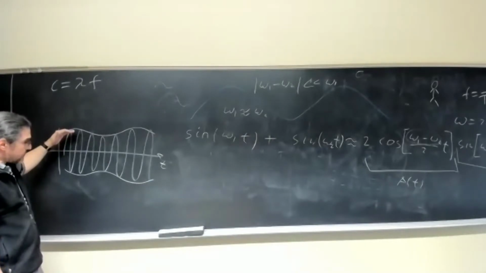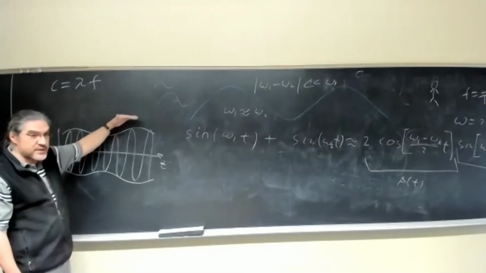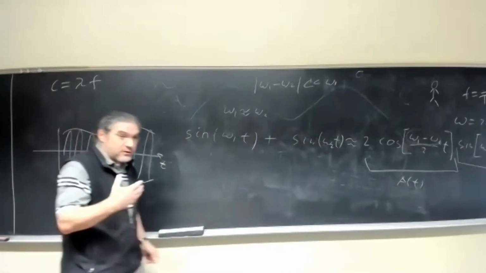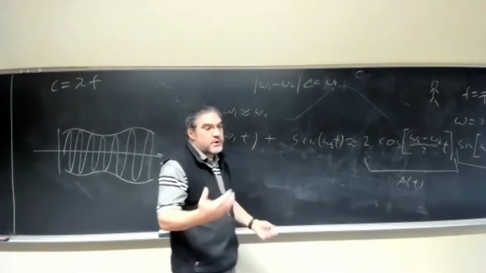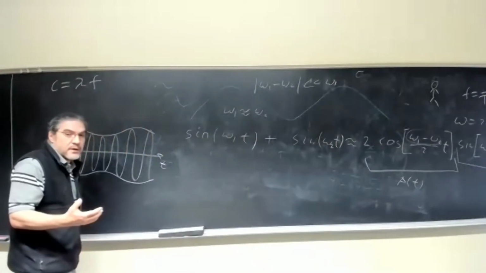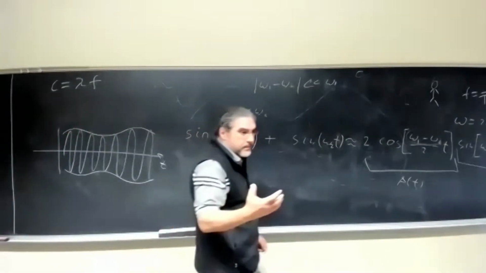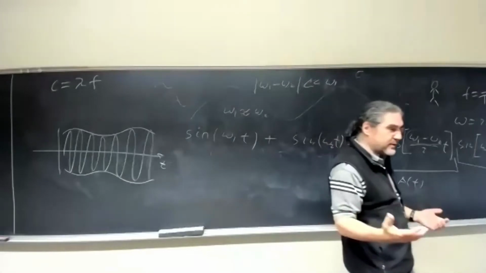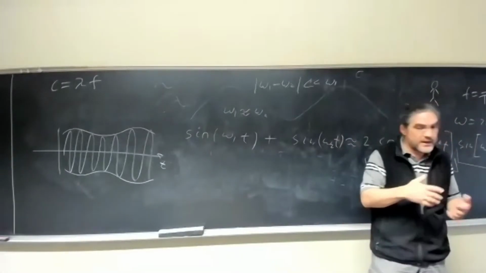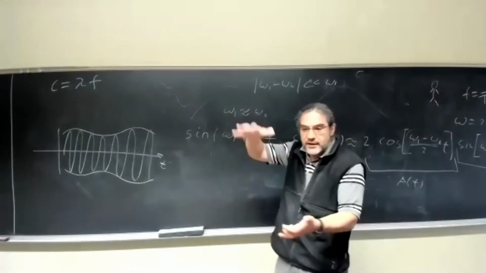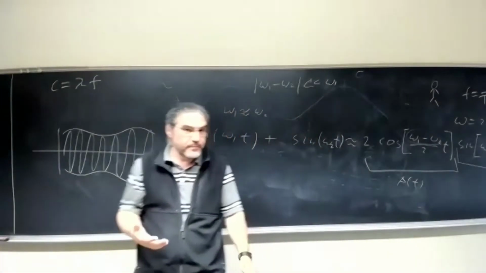But how loud the sound is will depend on time. So it will do something like wow, wow, wow, wow, wow. That's exactly what I do: I give one tone and modulate its strength. Does it make sense?